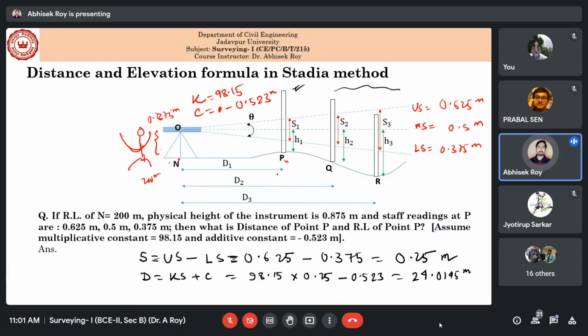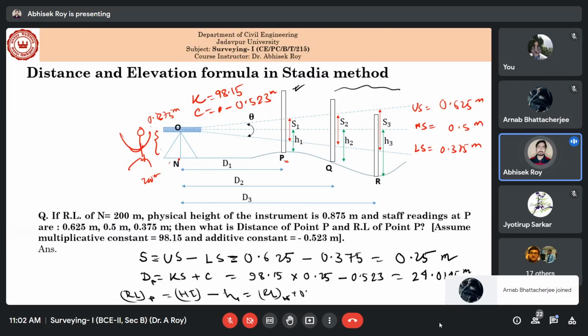So this is the distance of point P. Now we have to calculate the RL of point P, and that we know is simple: height of instrument minus the middle stadia reading, minus h1. Now the height of the instrument we can write as RL of N plus ON.